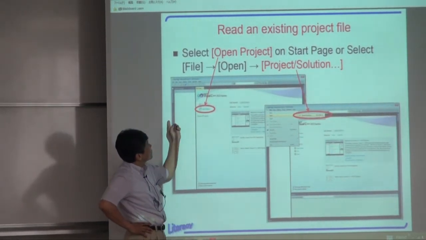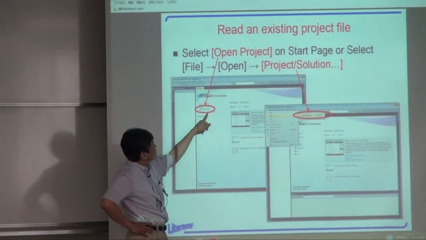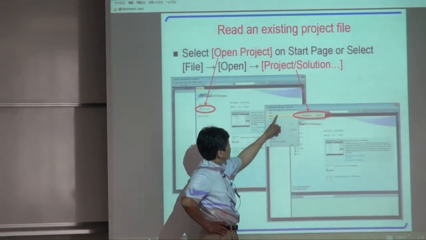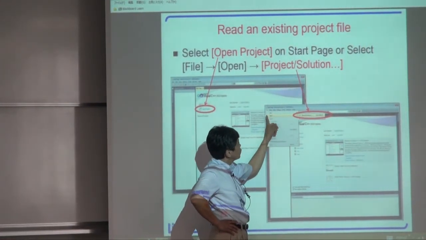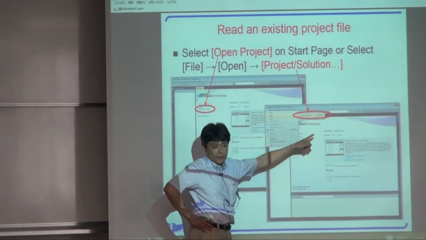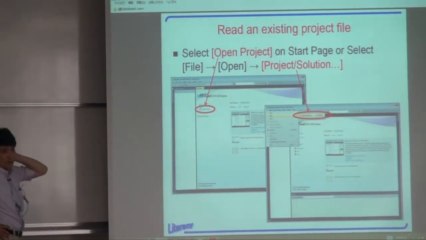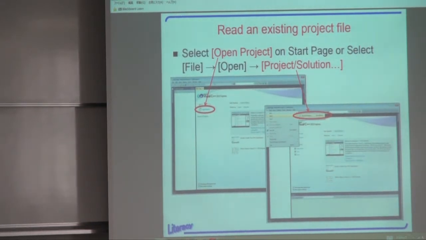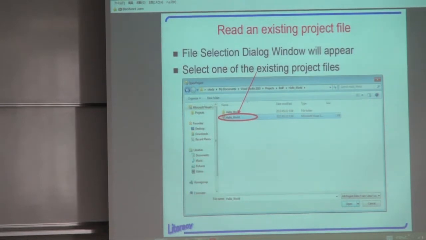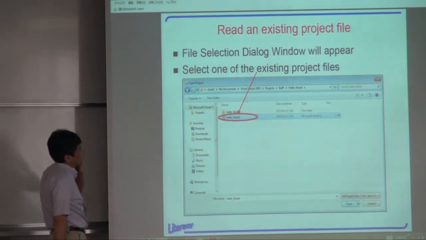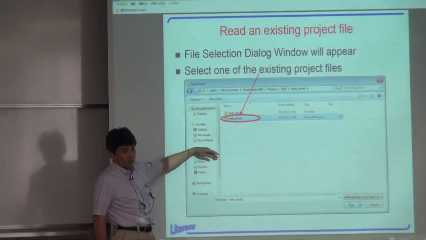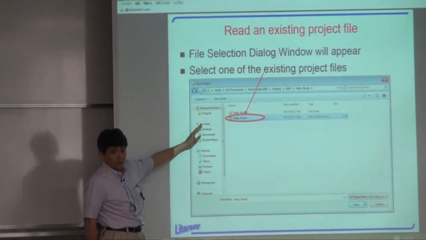As I explained, you can find the open project tag, or using the menu File, you can find Open and Project. Using this menu item, you can start an already existing project. After that, a file selection dialog will appear, and you can select your existing project file.